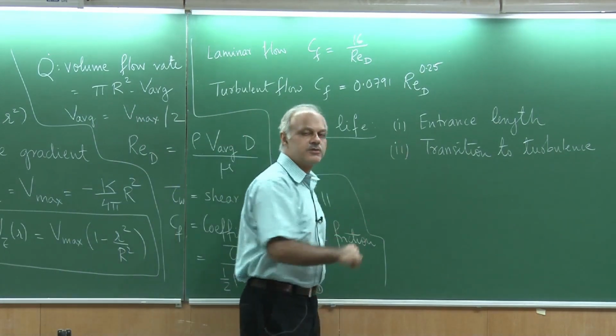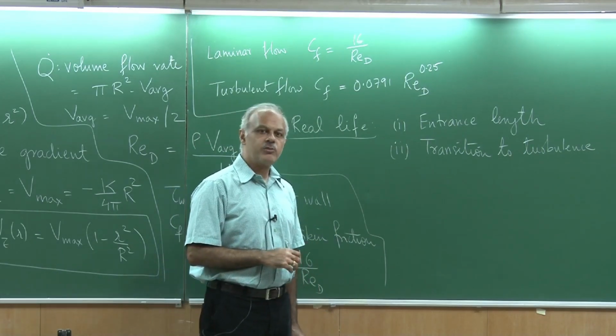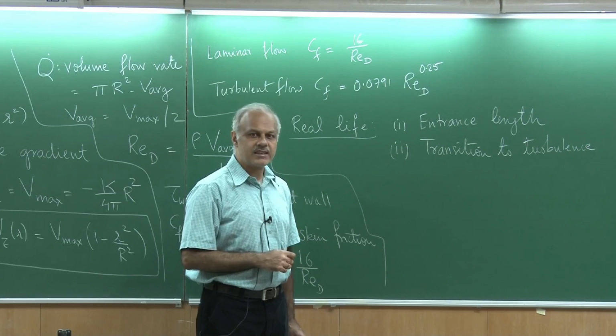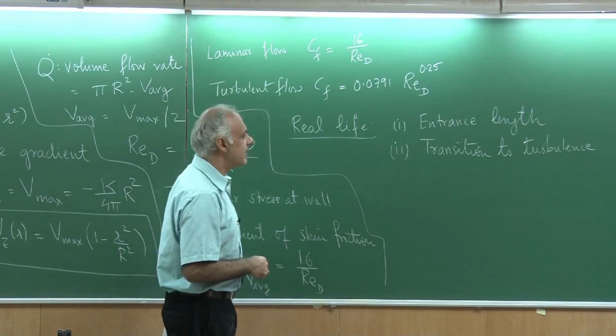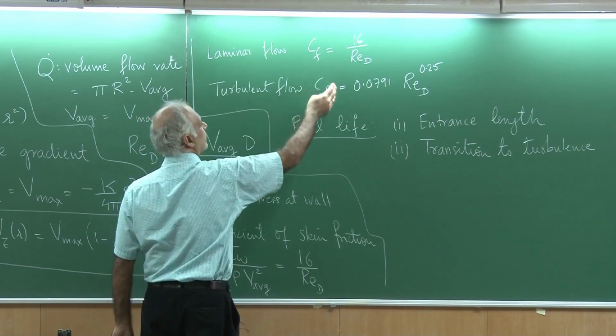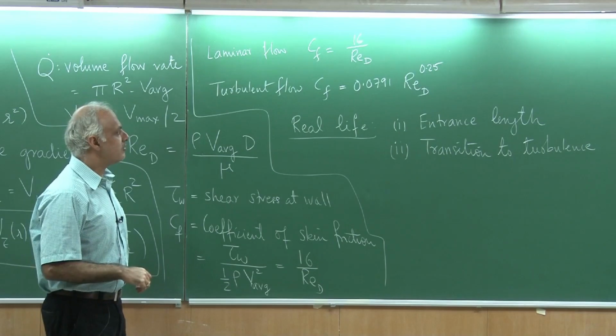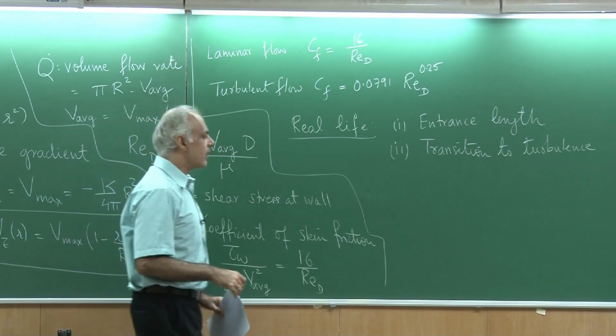That's the issue of entrance length. The second one is that the flow may actually transition to a turbulent state. So it may not stay laminar, and then you would have to decide which of these correlations is more suited for the analysis. So let's look at them one at a time.